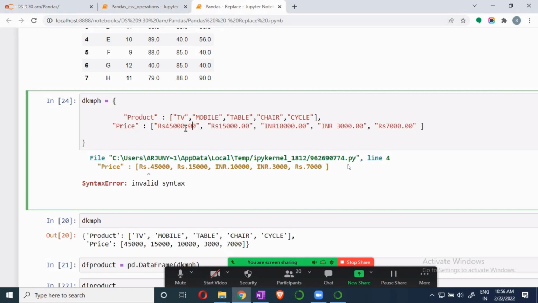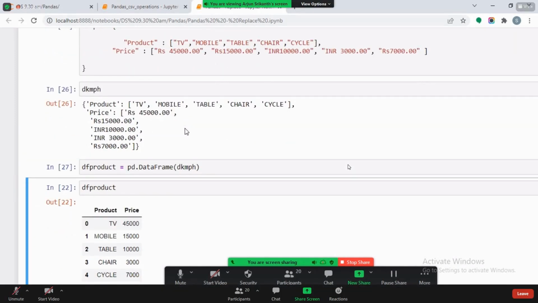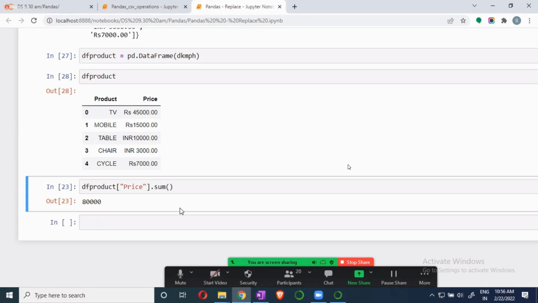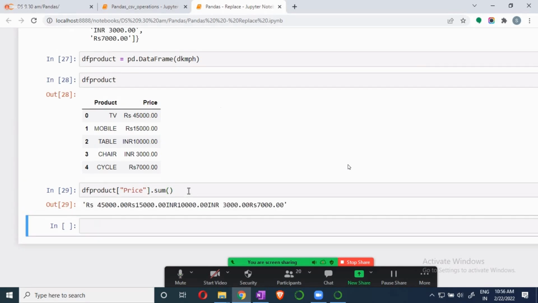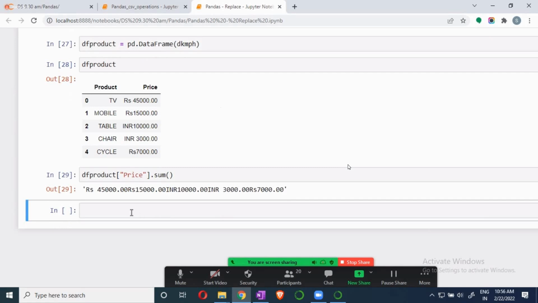Now guys, let me convert it into a data frame. Tell me how to get the total. Tell me how you will do it, with regular expression?